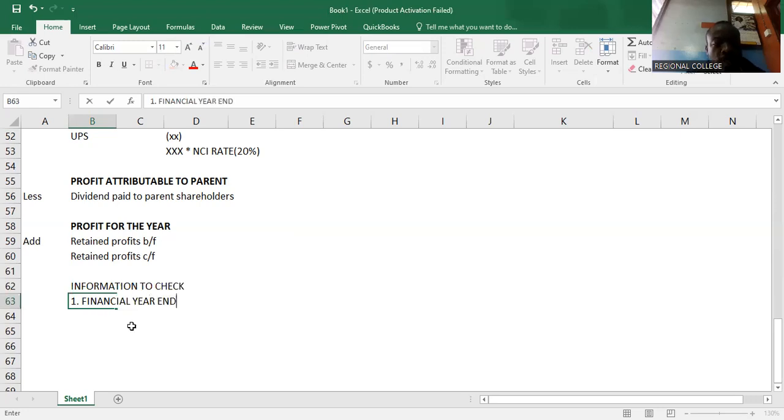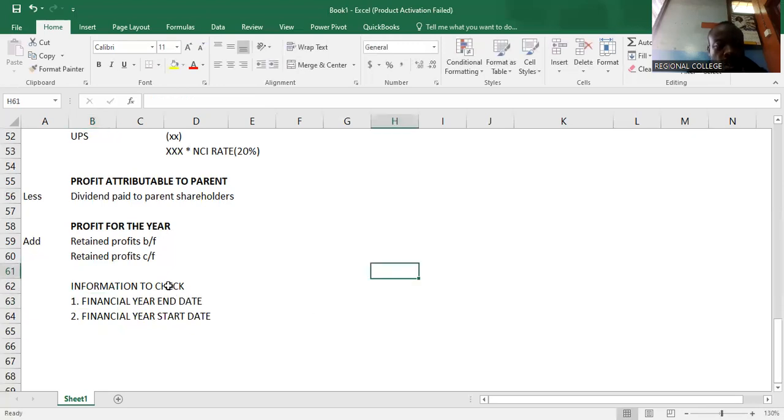Because we prepare the financial statements at the end of the year, that means after 12 months of trade. So you check the financial year end so that you can calculate 12 months backward, so that you get the financial year start. You can call it financial year end date.